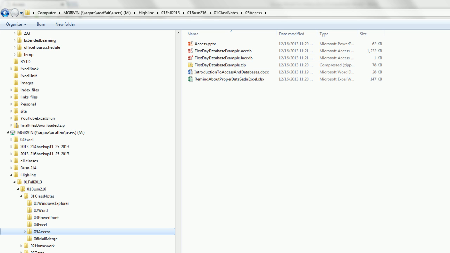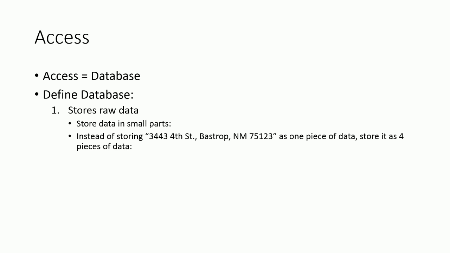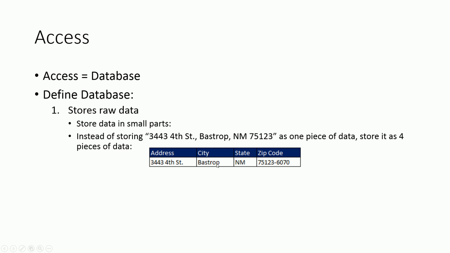All right, we're going to go over and start in PowerPoint. So Access. Access is a database. And the definition of a database? It stores raw data. Any database has to store raw data. And instead of storing raw data all together, you always have to break it apart into its smallest pieces. So instead of storing an address like this, you would store the address, the city, the state, and the zip code separately.